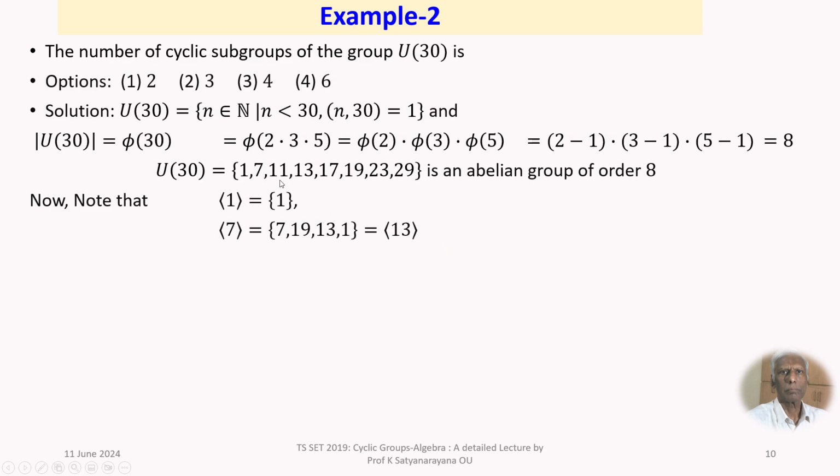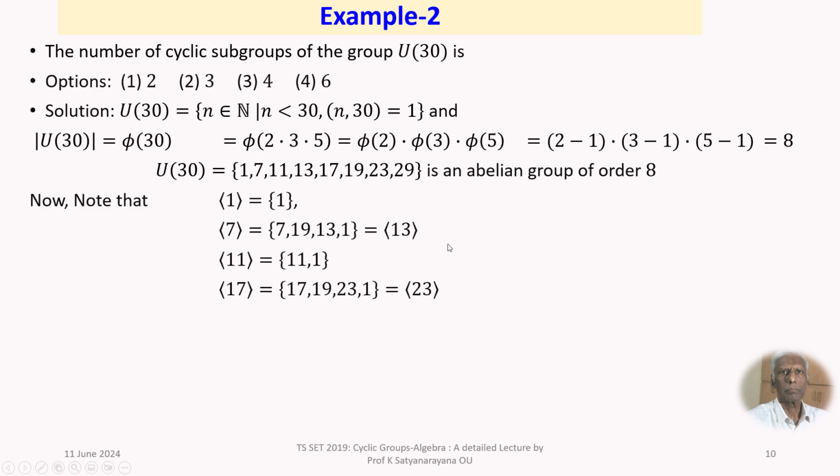After 7, we go to 11. So the cyclic subgroup generated by 11: 11 square is 121, modulo 30 is 1. So it's a cyclic subgroup of order 2. After 11, 13. The cyclic subgroup generated by 7 is the same as the cyclic subgroup generated by 13. The next is 17, and it is {17, 19, 23, 1}, and it is also generated by 23.